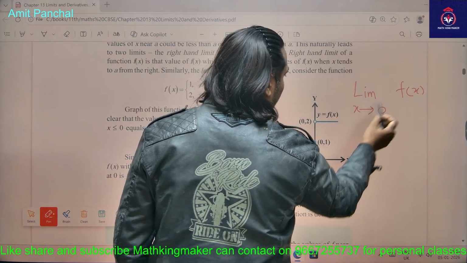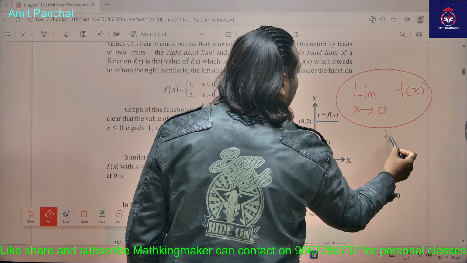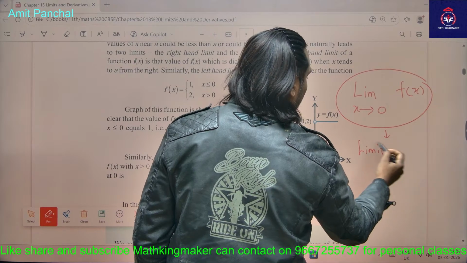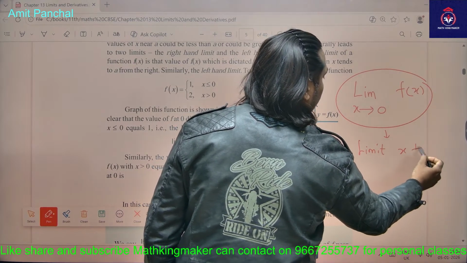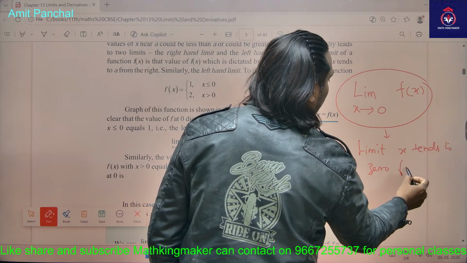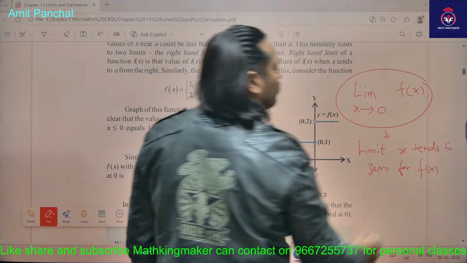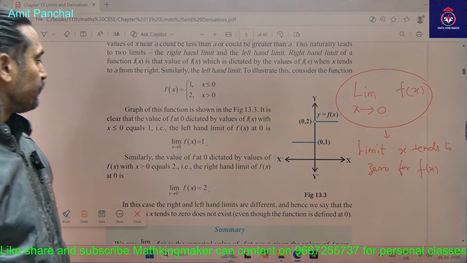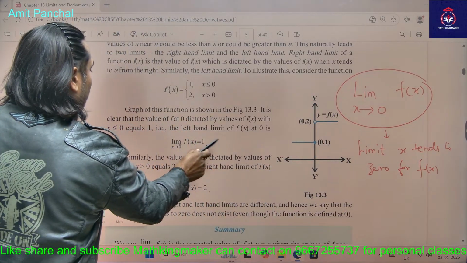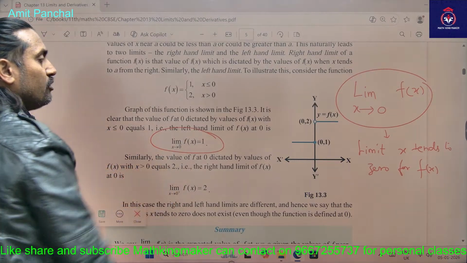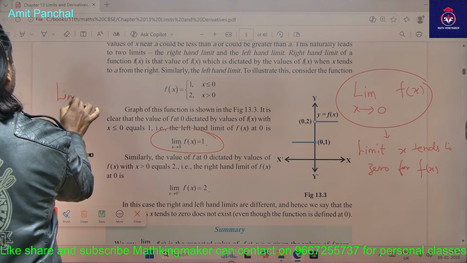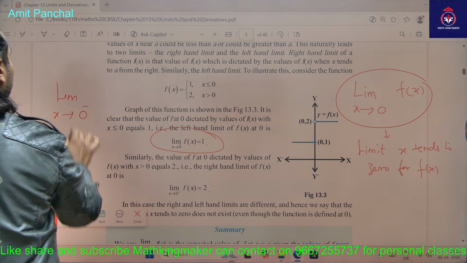So we read it as limit x tends to 0 for the function f(x). Here it is written as limit x tending to 0 negative, with a small negative symbol.